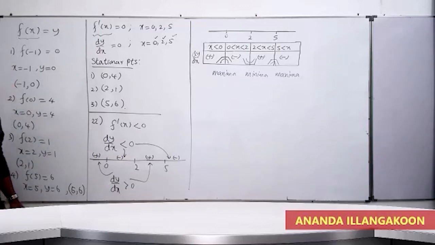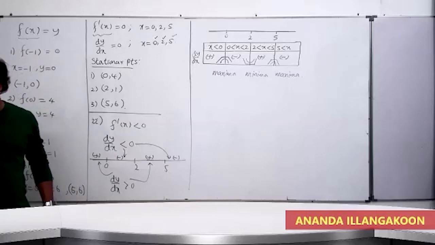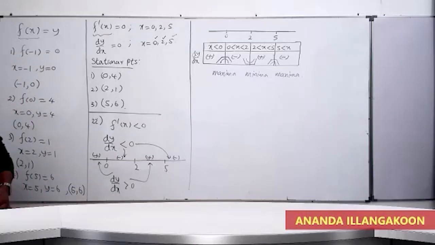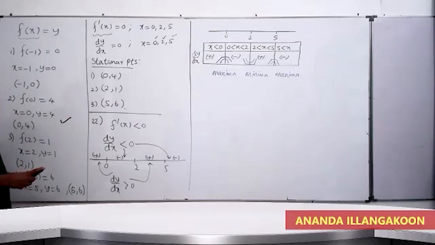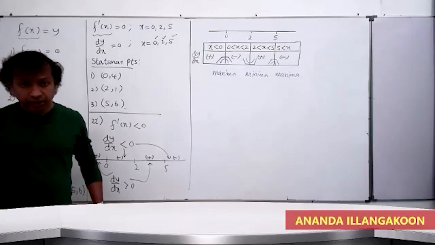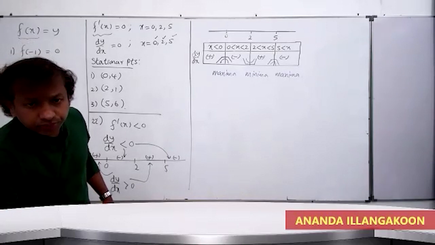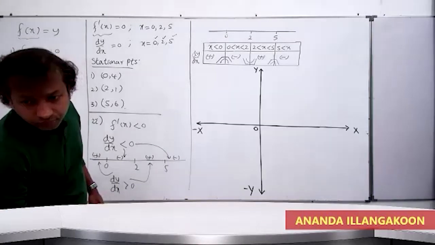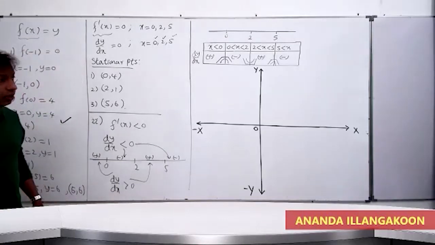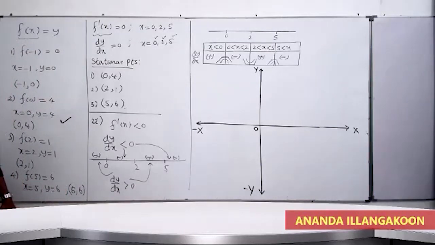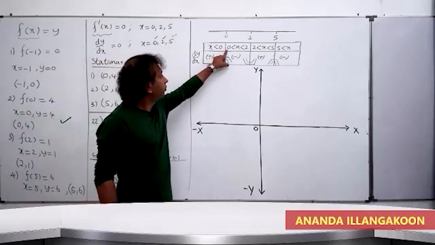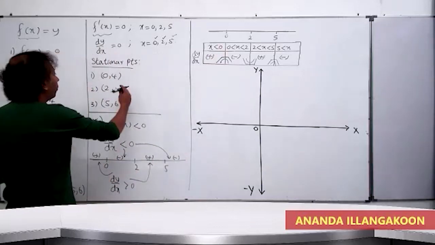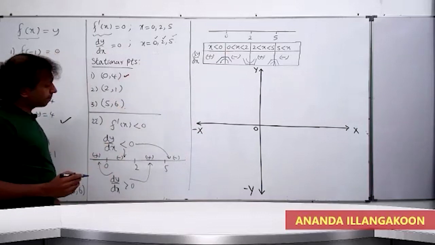Now you can sketch the graph, people. Now we'll sketch the graph. When x equals 0, y is 4.